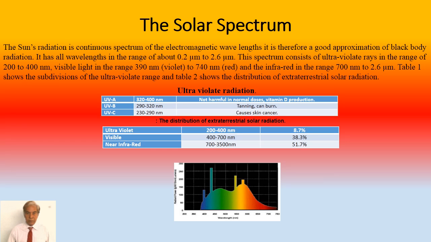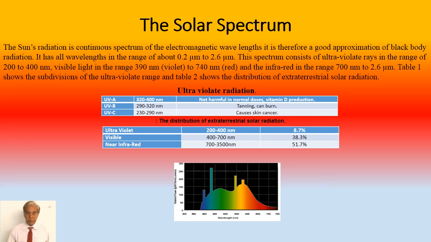This spectrum consists of ultraviolet rays in the range of 200 nanometer to 400 nanometer, visible light in the range of 390 nanometer, violet, to 740 nanometer, red, and infrared in the range of 700 nanometer to 2.6 micrometer.